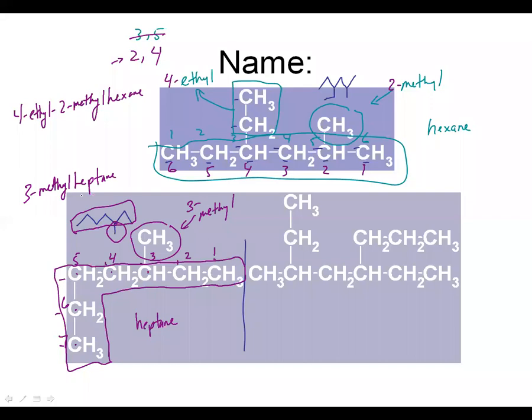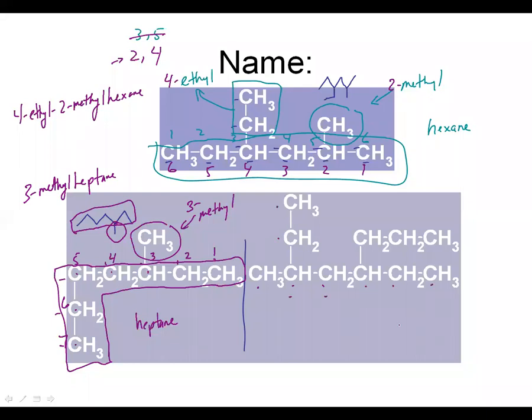Now looking at the one on the right, again, we're going to be looking for our longest carbon chain. So that's going to be 1, 2, 3, 4, 5, 6. Looks pretty good. We got 1, 2, 3, 4, 5, 6, 7. So that's even more.